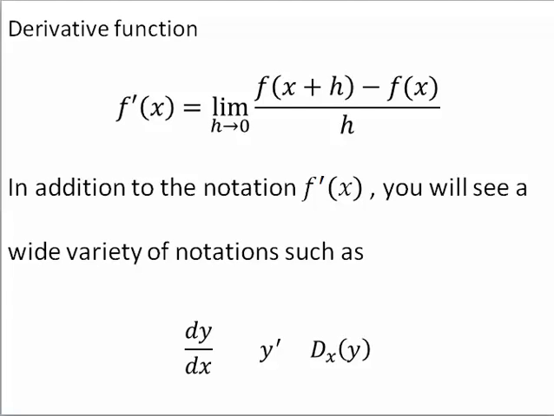We also said that in addition to the notation f prime, you will also see over the course of this semester other notations such as dy dx, y prime, and d sub x of y. So this is just an introduction. I know I'm throwing a lot at you, but you'll see it again and again and again.